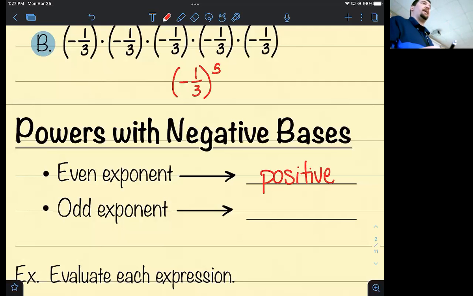Any even number of negatives will make a positive. So if your base is negative and you're raising it to an even power, it will be positive. If your base is negative and you're raising it to an odd power, it is going to remain negative because 2 of those negatives can pair up, but the 3rd or the 5th or the 7th or the 9th one will not. So if you have an odd number of negative signs, there's always one left behind that makes your answer negative.